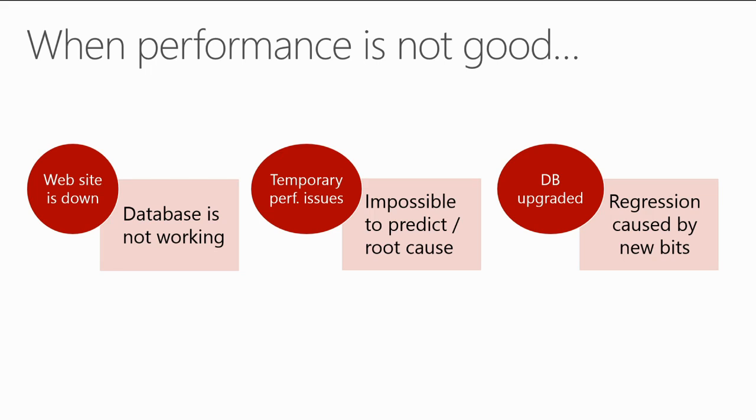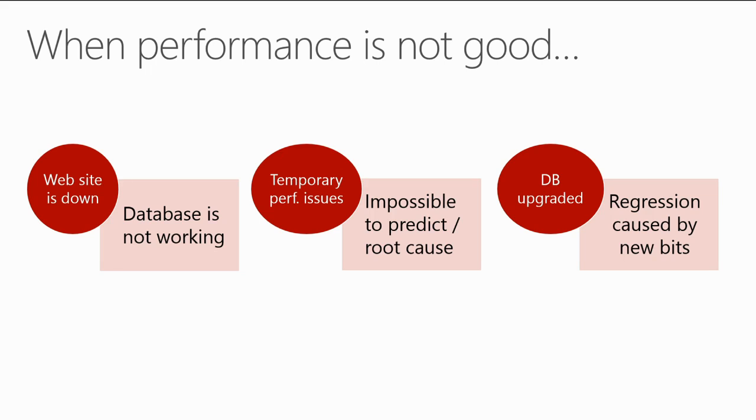A performance problem can be observed in many different ways. The most critical case is when the entire application or website is down because the underlying database is unresponsive. Also, in some cases, you can experience temporary, intermittent performance issues. They come and go at irregular intervals, and you cannot do much about it. You cannot root cause them, you cannot prevent them from happening in the future.